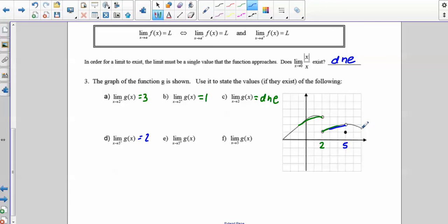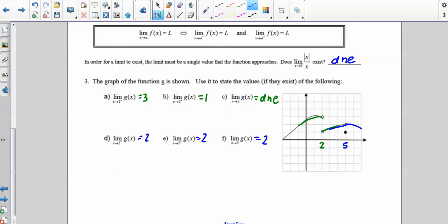So we're to the right of 5, and we're approaching 5, and it's the same y value of 2. So because the limit from the left equals the limit from the right, we can say the limit of g of x as x approaches 5 is 2. And this dot down here has nothing to do with the limit. That dot is the defined value f of 5, but it is not the limit.